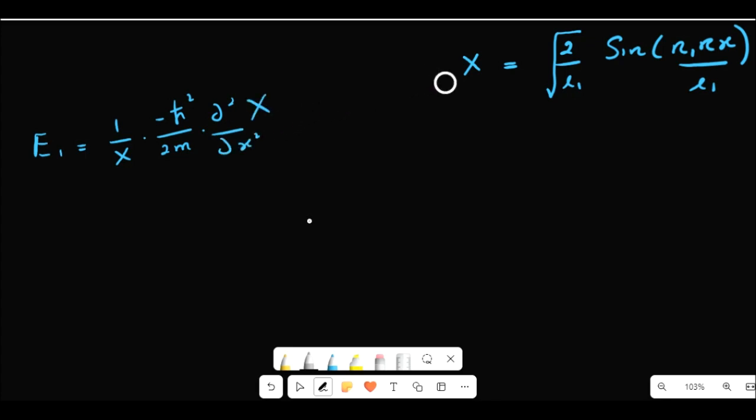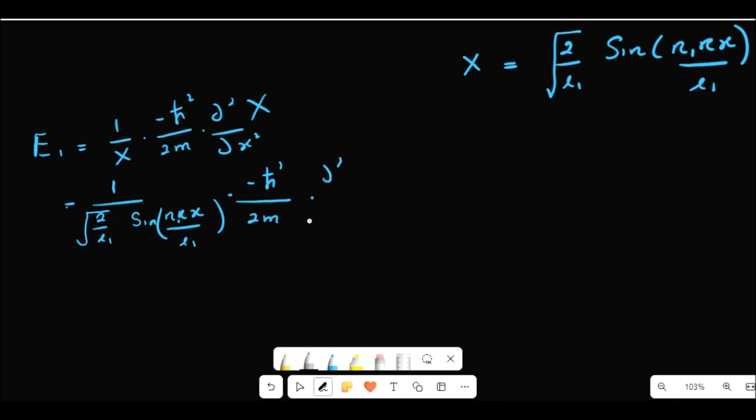Now I'm going to replace this x by my original component, which is this wave function, square root of 2 over L1 sine n1 pi x over L1, times minus h bar squared over 2m times double derivative over double x squared of square root of 2 over L1 sine n1 pi x over L1.